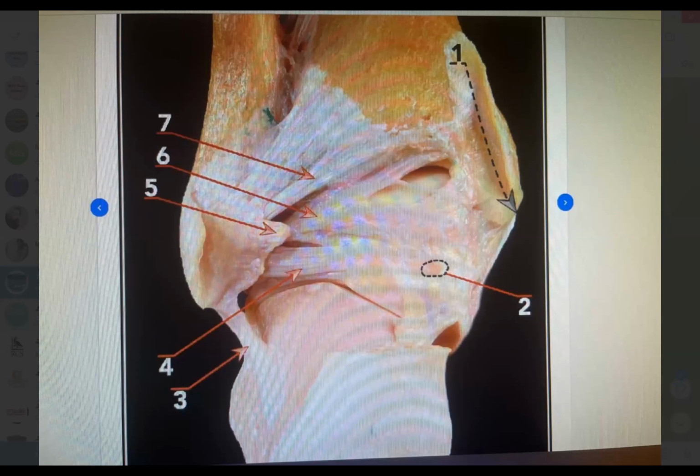Number 4, fibulocalcaneus, no. Talofibular, between the talus up and the fibula. Okay. Number 3, calcaneofibular, between the calcaneus and the fibula. Keep these pictures with you, please.